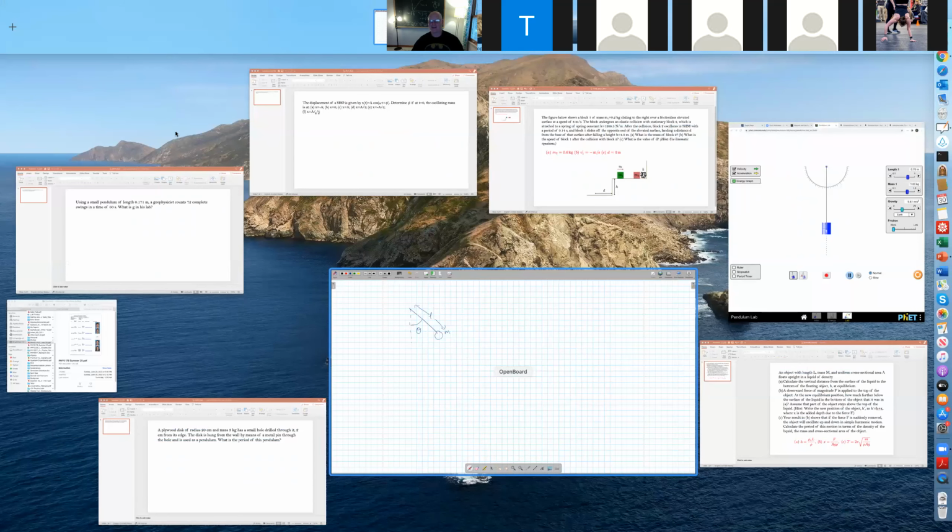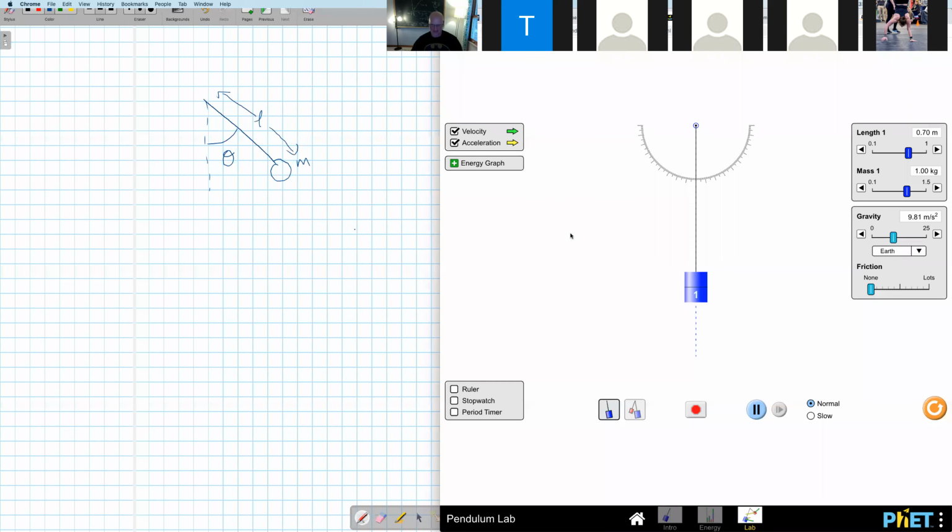Well, there's a caveat here. That's a fantastic question. This is an assumption we're going to make, and we're going to talk about this assumption. As long as I pull this thing so it has an angle which is somewhat small, say out to like 20 degrees, then it turns out that it's independent of the amplitude.